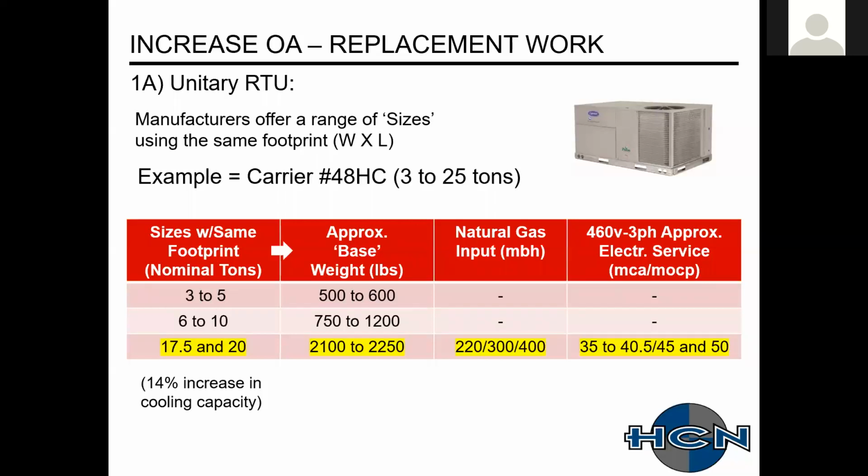Just highlighted, there's a little bit of difference in the base weight. They have the same natural gas inputs. And then there's a range of electrical options available in terms of GFIs and motor horsepowers, but I just looked at the range of MCA and MOCP. As you can see, the numbers are relatively close together.